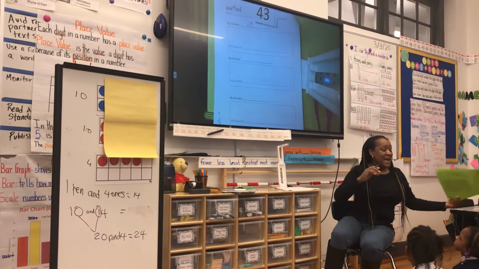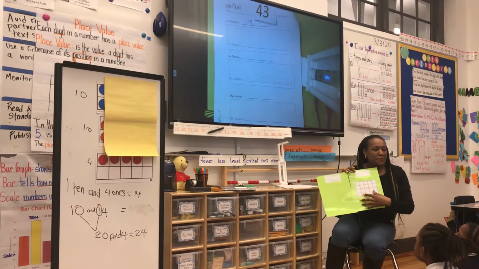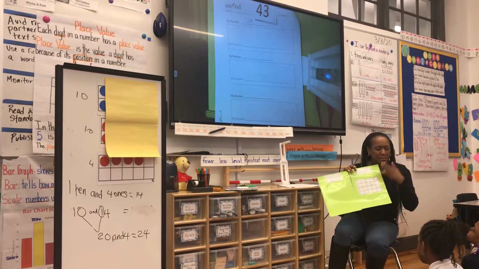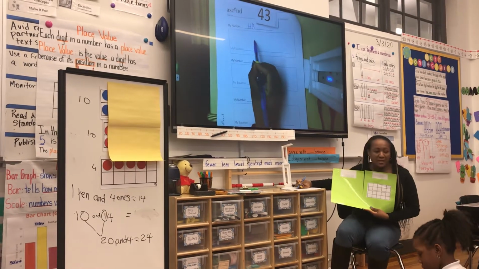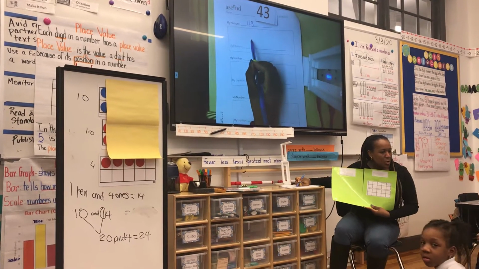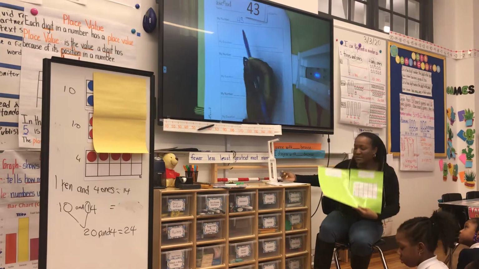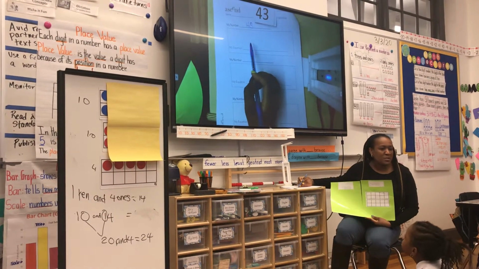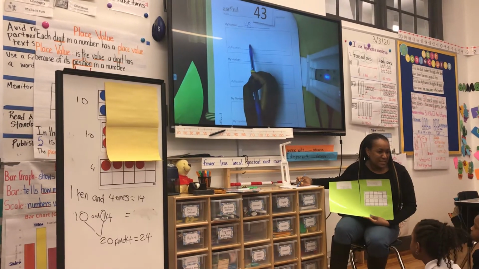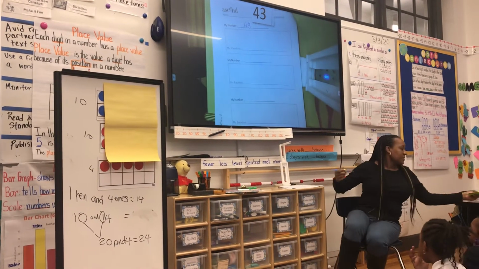After you use your cubes on your mat, I want you to show me what it looked like on your placemat. Record it on your sheet right here. Do you understand that? Yes, ma'am.